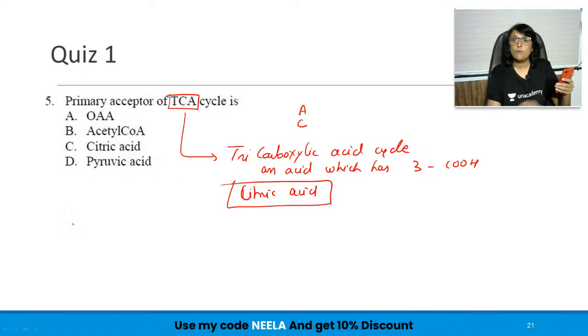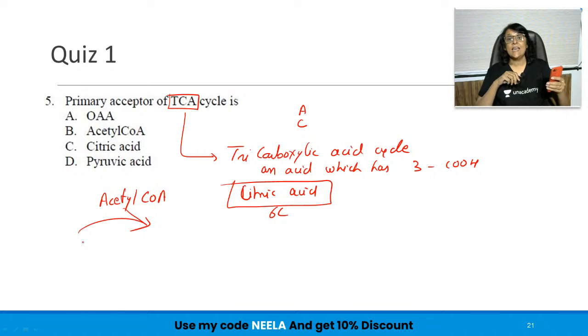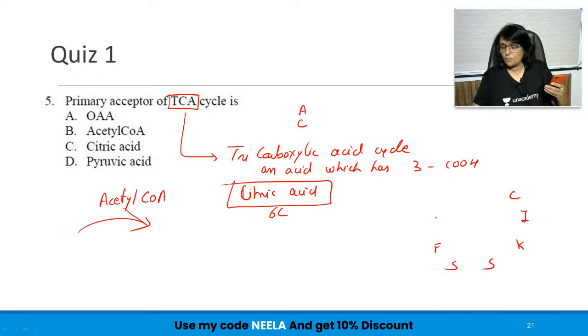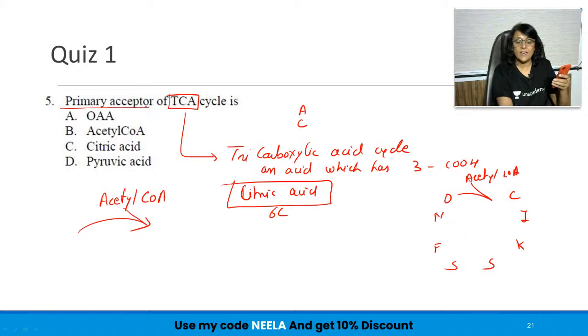So the first compound formed is citric acid, which is a 6-carbon compound. And how is that formed? Acetyl coenzyme A is accepted by, see, I know some simple formula making options. So, which one is the primary acceptor? It is oxaloacetic acid. Is it clear?